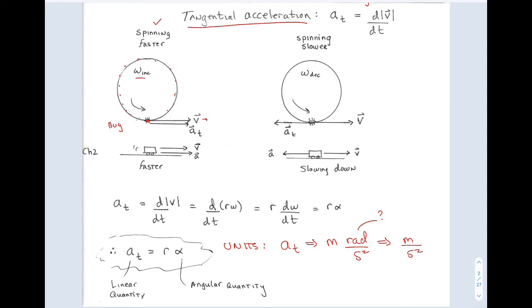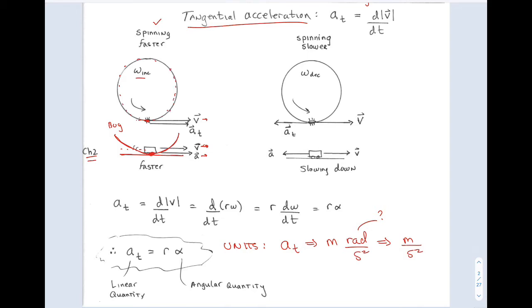So the bug moving right here looks just like the car in chapter 2, moving down the street. Velocity is increasing because the foot was on the gas pedal, so velocity is to the right, acceleration is to the right. Take the road in chapter 2, and now bend it like this. The car looks exactly like what the bug does right here.